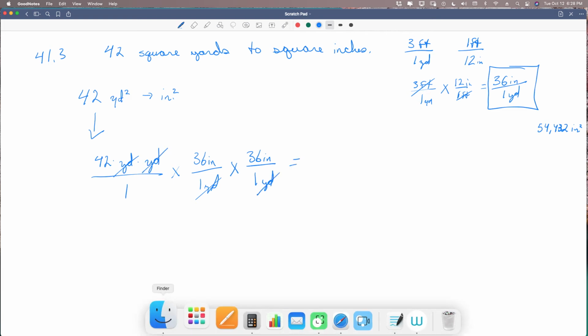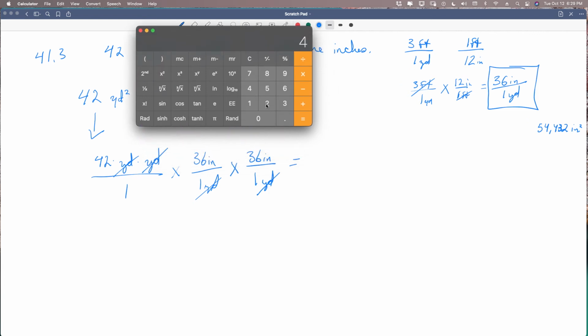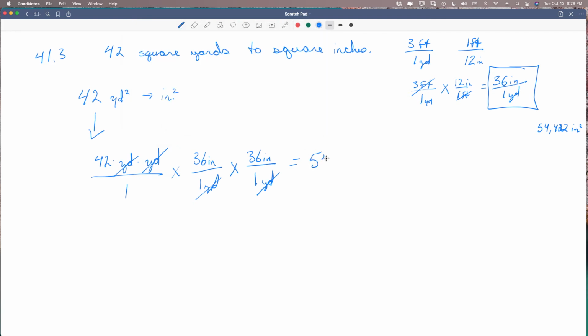Let's see if that's the same number. 42 times 36 times 36 is 54,432 inches squared.